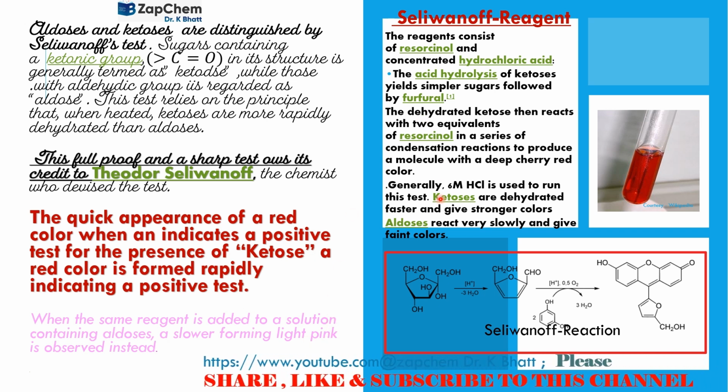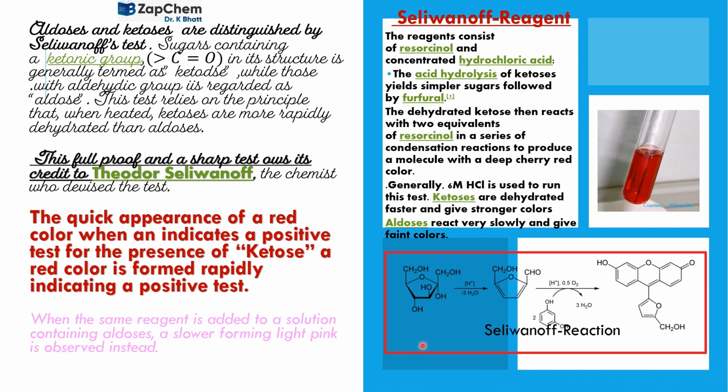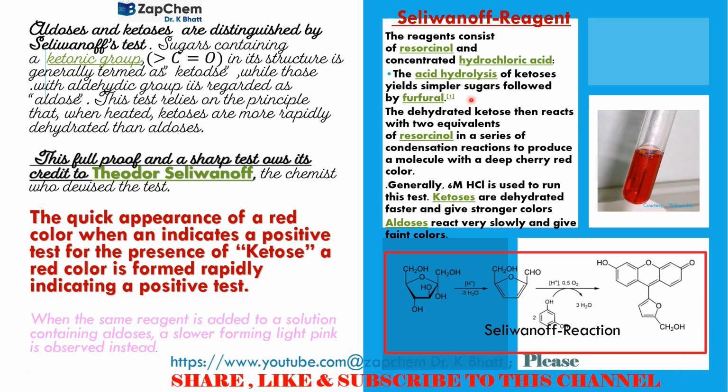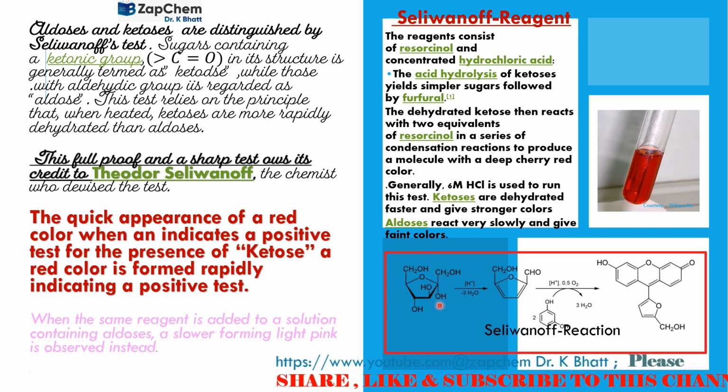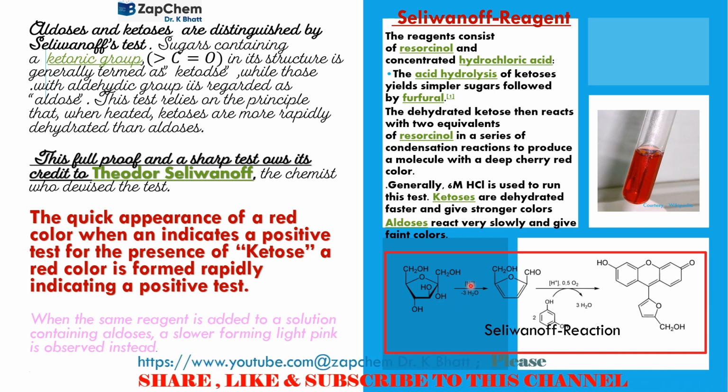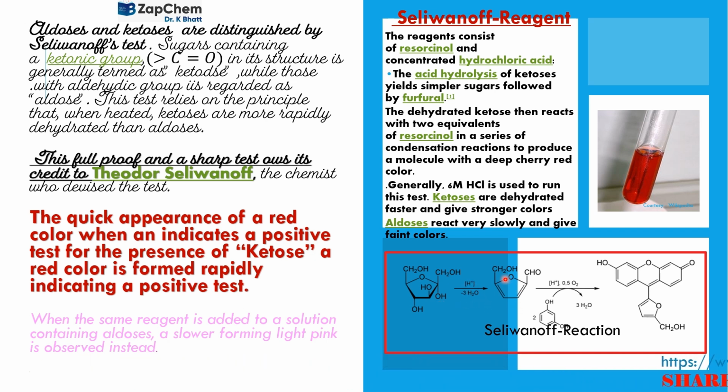Now, what is the reaction taking place is given over here. The acid hydrolysis of ketose yields simpler sugars followed by furfural. When you dehydrate a ketose in presence of acid, we get a furfural form.